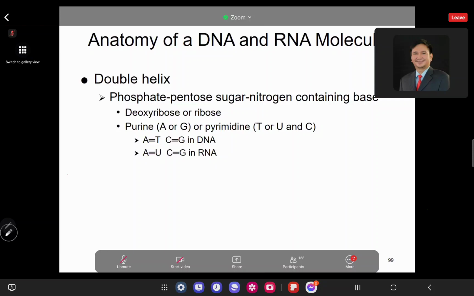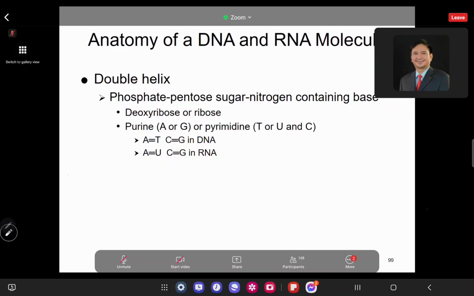So in terms of structure, both DNA and RNA have a backbone of phosphate and pentose sugar linked to nitrogenous bases. For DNA, what is that pentose sugar? It's deoxyribose sugar.